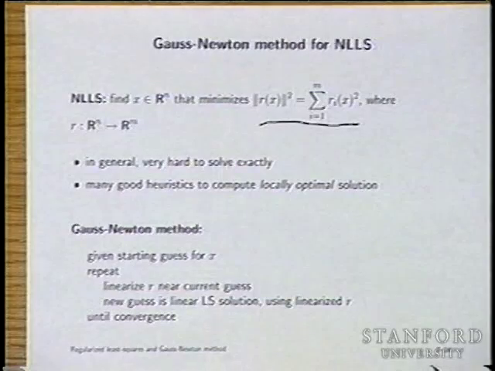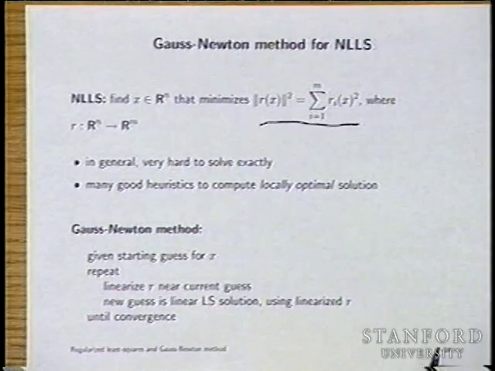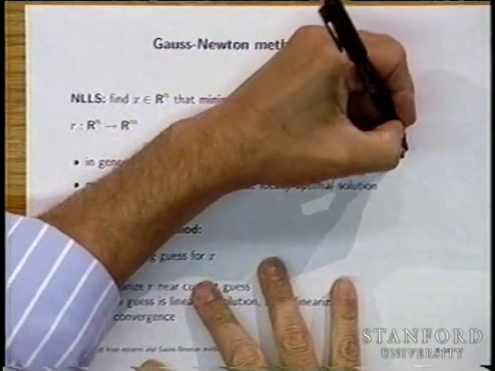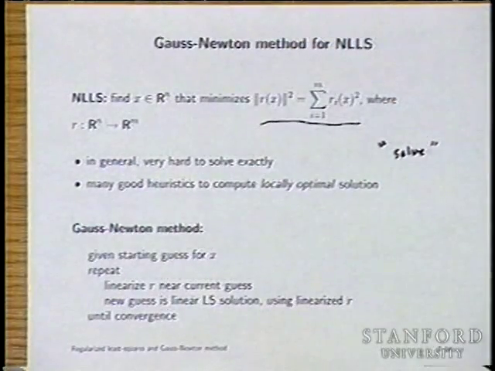Okay? So instead, we have heuristics that solve this problem. And solve, you didn't catch how I pronounced it. They don't really solve it. They solve it like that. Okay? So you don't actually really solve. So nonlinear least squares problems in general are not solved, period.